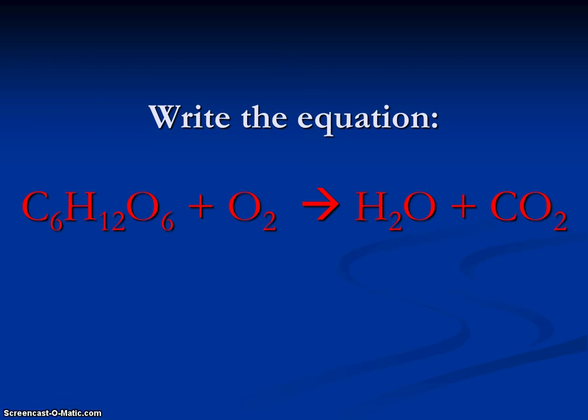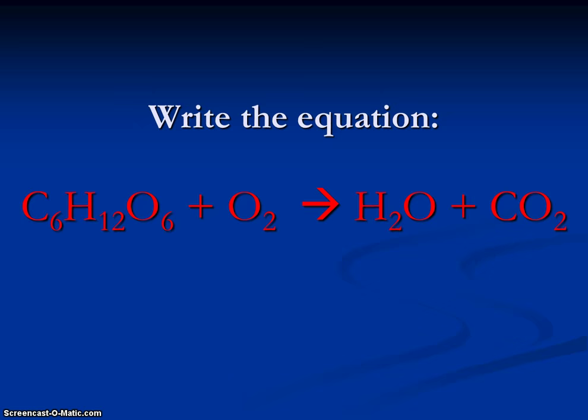So, look at this equation. C6H12O6, which is glucose, which is a sugar. You add oxygen to that, the reaction is going to occur, and a byproduct is going to be water and carbon dioxide.